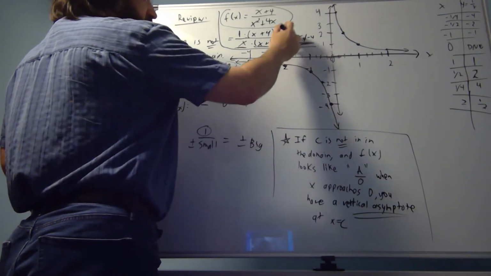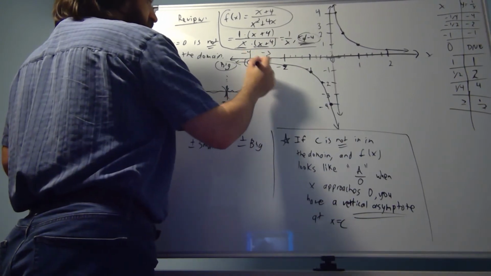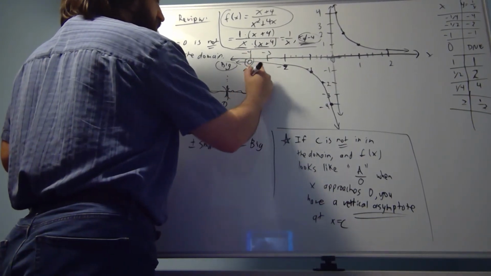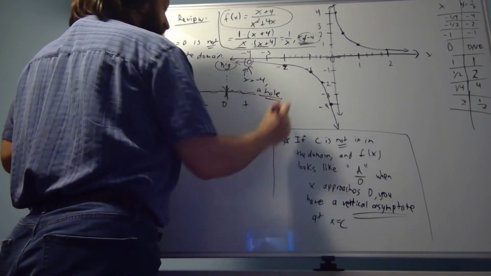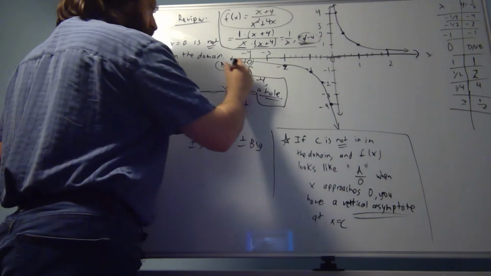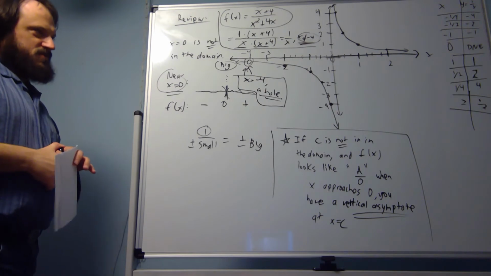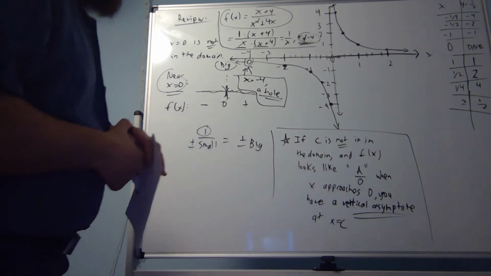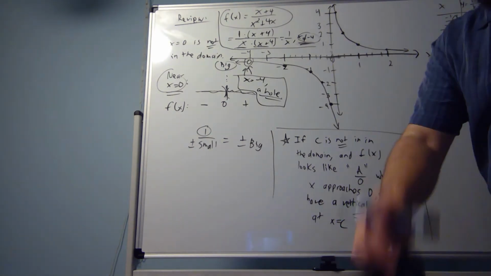So everywhere except for x equals -4, that's what we get here.